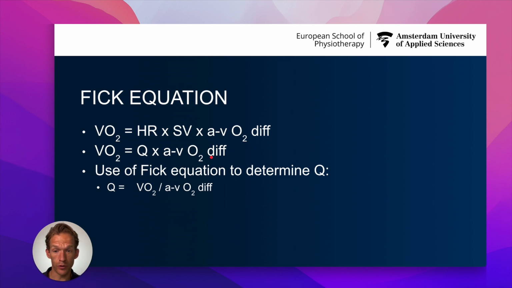And what you saw in the previous picture is that I basically flipped this formula around. So if you mathematically change this formula, you will see that you can calculate cardiac output by measuring VO2 and dividing it by the measured AVO2 difference. And in a lot of the exercise physiological literature, we will work with measurements and values that are derived from this formula.